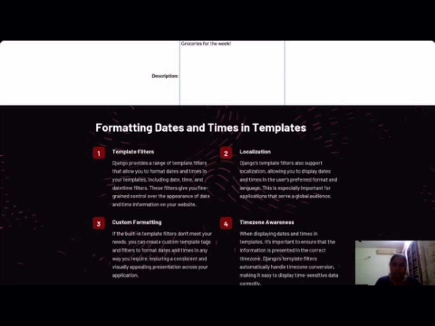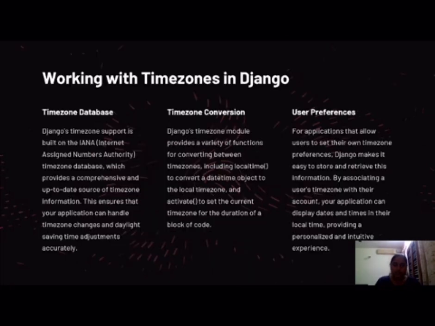This is especially important for applications that serve a global audience. Time zone awareness. When displaying date and time in templates, it's important to ensure that the information is presented in the correct time zone. Django's template filters automatically handle time zone conversion, making it easy to display time-sensitive data correctly.